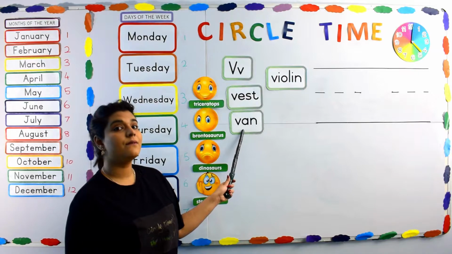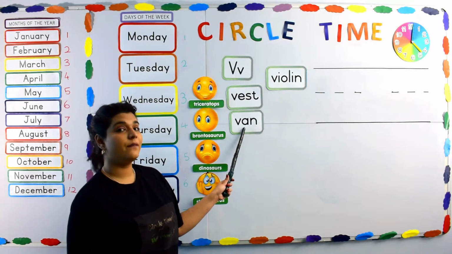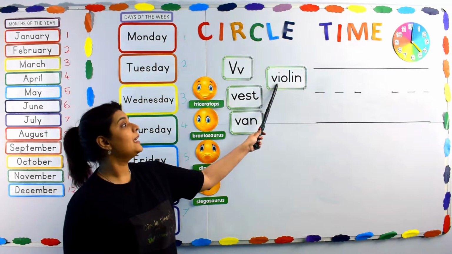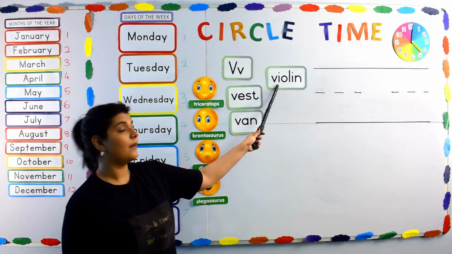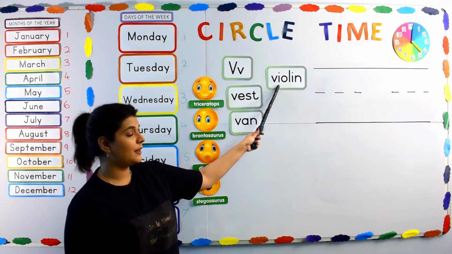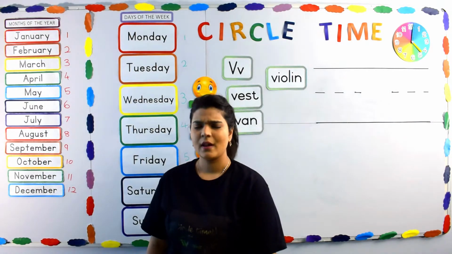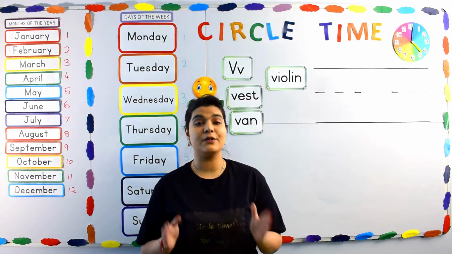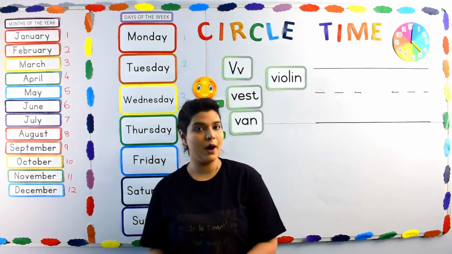V, van. V, violin. Now, that is how the letter V sounds in a word.